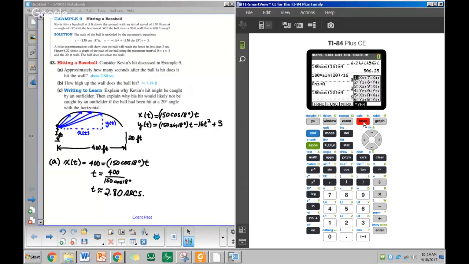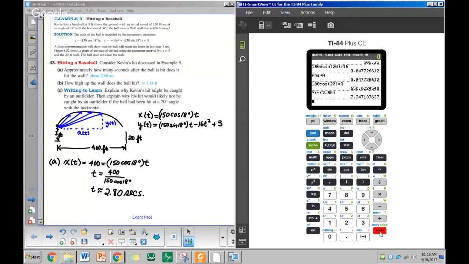So where's the height going to be, the X1 or the Y1? So we're going to scroll down to number 2 and hit Y1 of, we're going to put parentheses in here, put 2.80, and it'll give you the height at 2.80. How nice is that? Why is the book wrong? What do they say? Well, we estimated it, I'm sorry, that's 100.